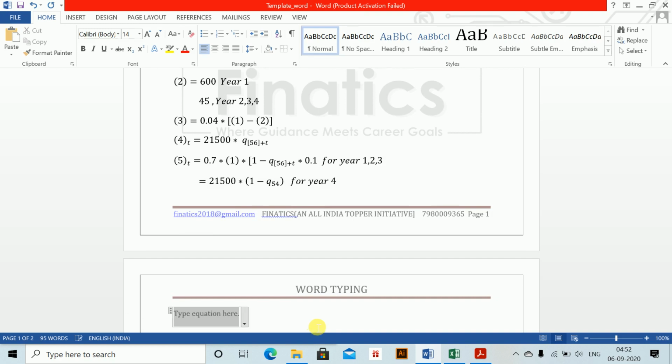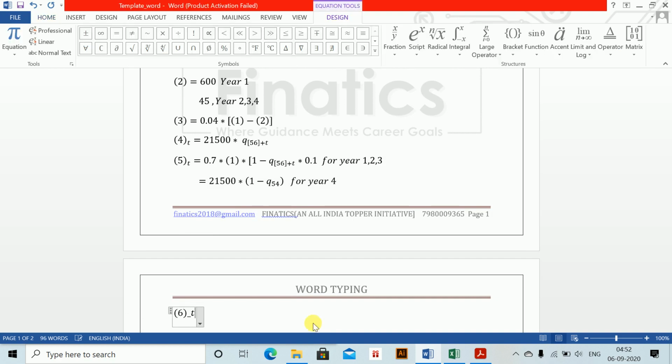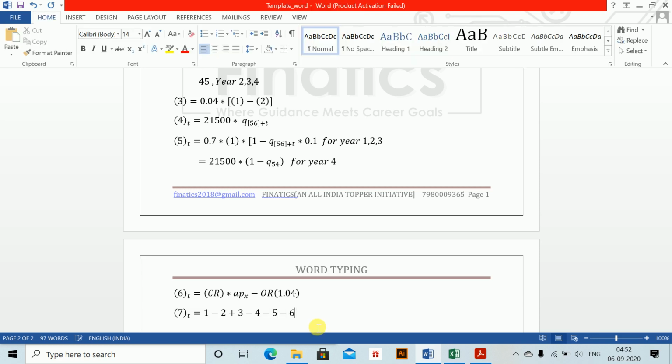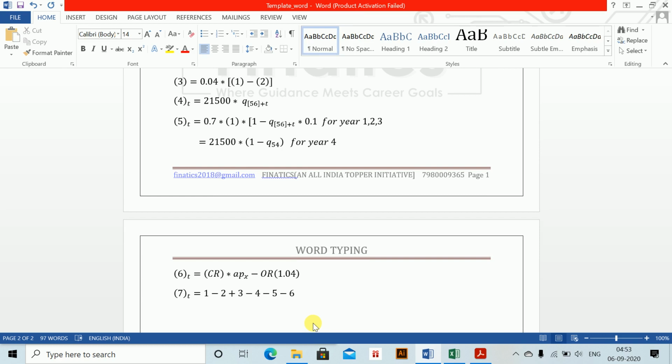Okay, and then column 6 is our CIR, which is equal to closing reserve into APX minus opening reserve into 1 plus 0.0 into 1.04. Okay, and then we have column 7, which is our profit vector, equal to 1 minus 2 plus 3 minus 4 minus 5 minus 6. Okay, so this is our table.